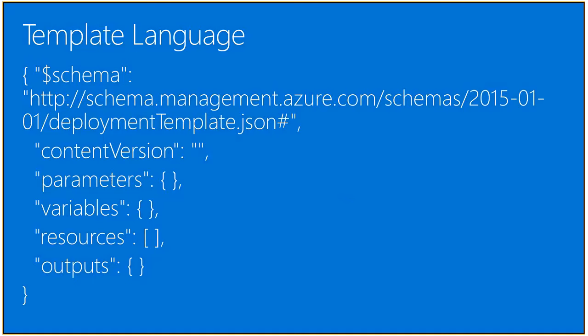And resources, which are the most important thing, we have talked about, same for the outputs. Now let me give you a demo on how to use Visual Studio to create a template, and I'll also show you how you can view the template you deployed.